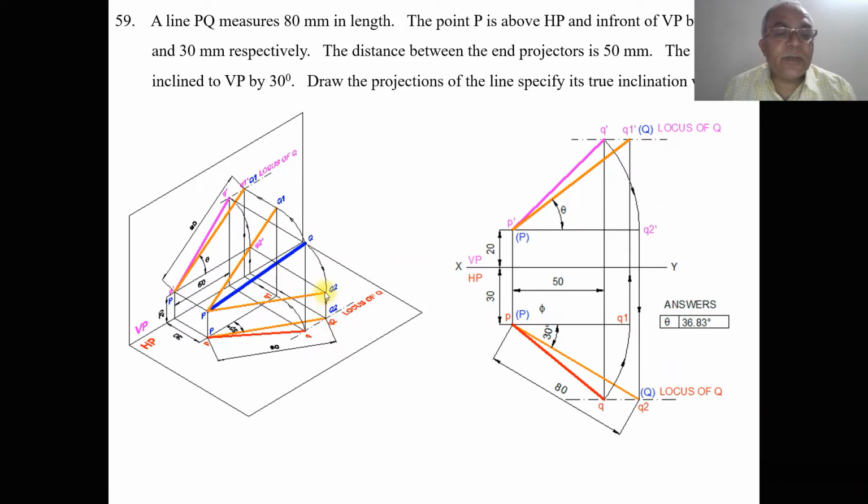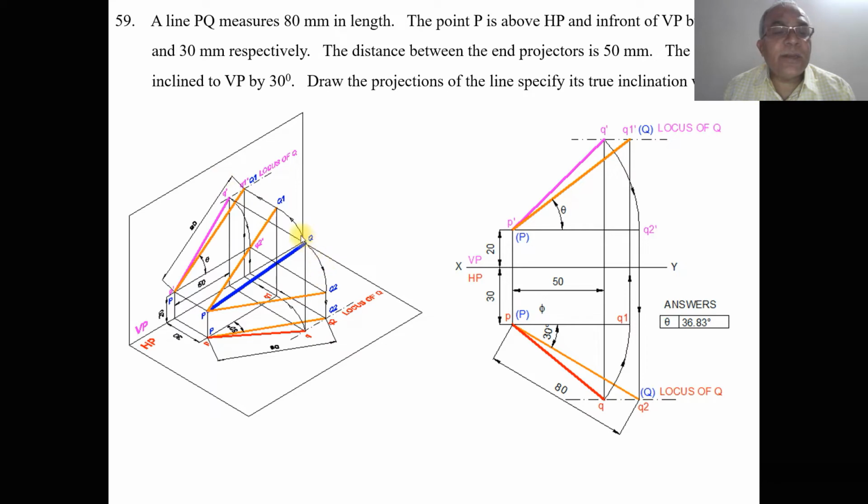Once you have the true length in the top view, with P as center, taking the radius of PQ2, which is the line in space, you rotate it such that Q cuts the end projector line.